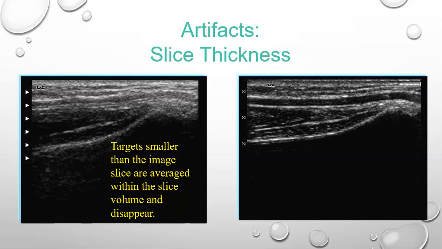Here's another example of one. This is a radial artery, and we see it quite clearly in the image on the top, and then in the next image over, we don't see it as well because the artery is being averaged in with the tissues in front of and behind it.